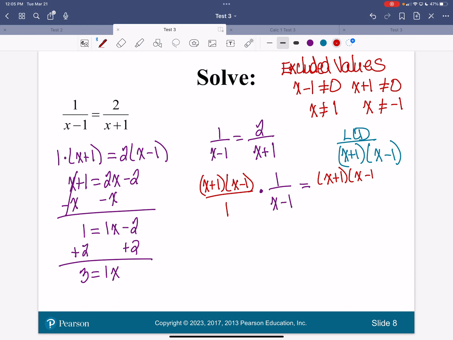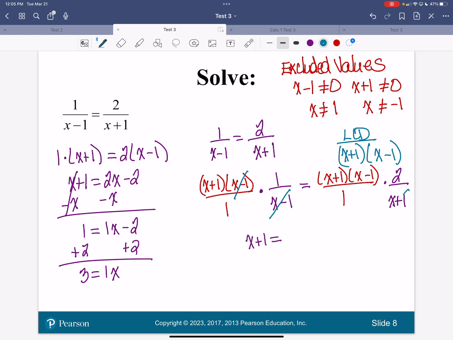And I just want to make sure you understand the only reason that I could use cross multiplication here is because it was a single rational expression equal to another rational expression. So now I can cancel, and I'm left with x plus 1.